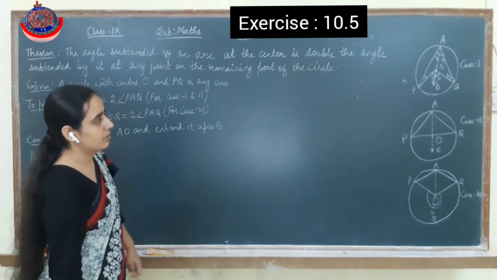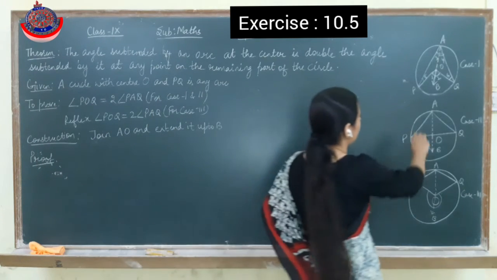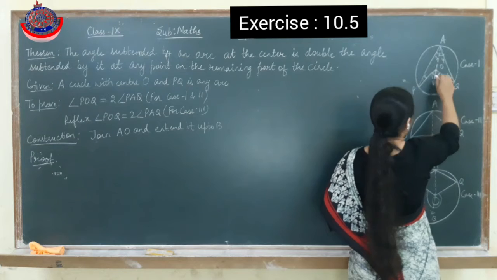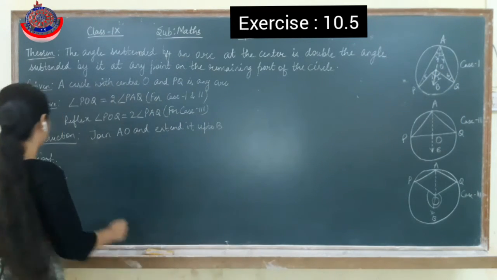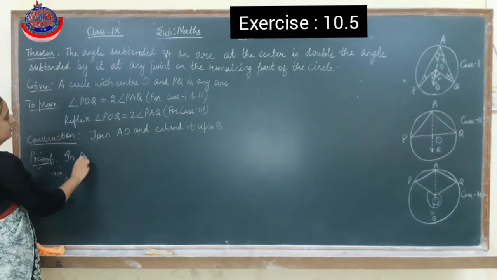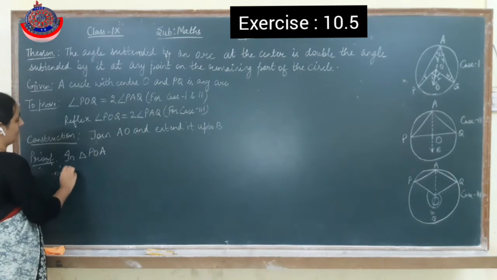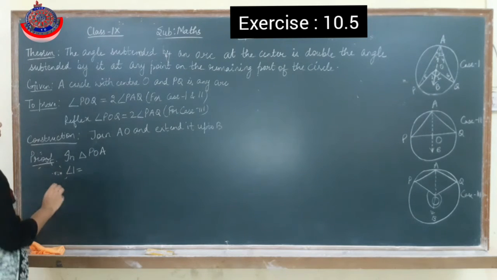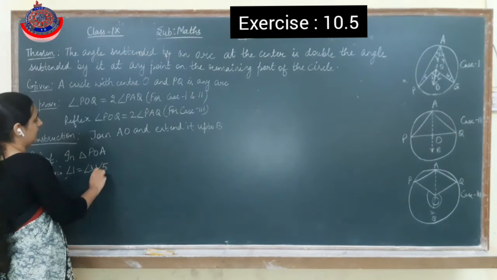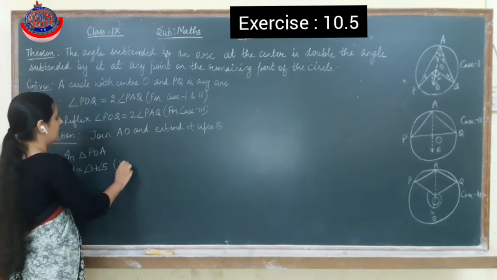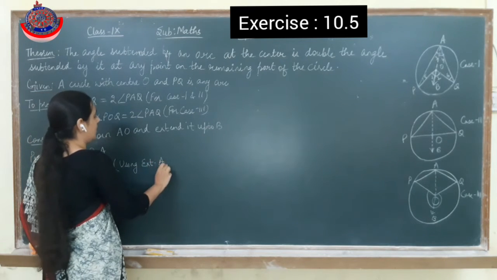Now if you see the first figure, let us consider triangle POA. This angle 1 is the exterior angle. So I'll write, in triangle POA, angle 1 is equal to angle 3 plus angle 5, by using the exterior angle property.